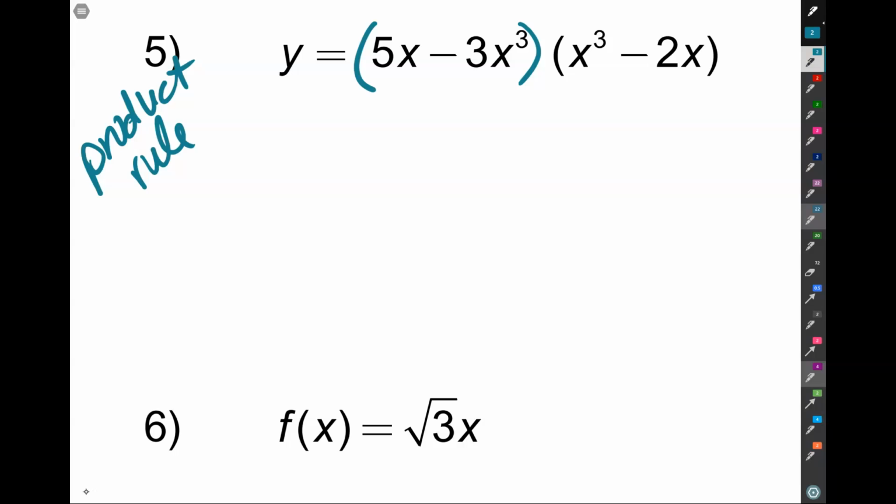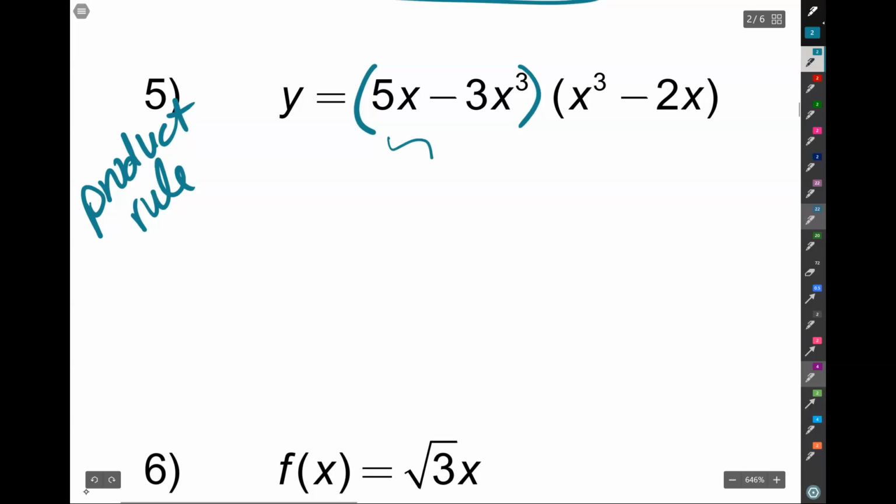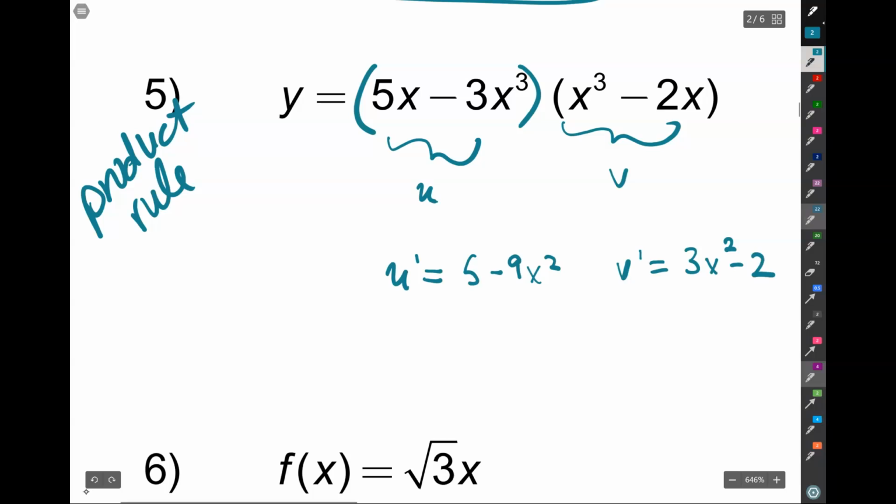So you use the product rule, exactly. All right, u prime. The derivative would be 5 minus 9x squared. v prime, let's see, 3x squared minus 2.